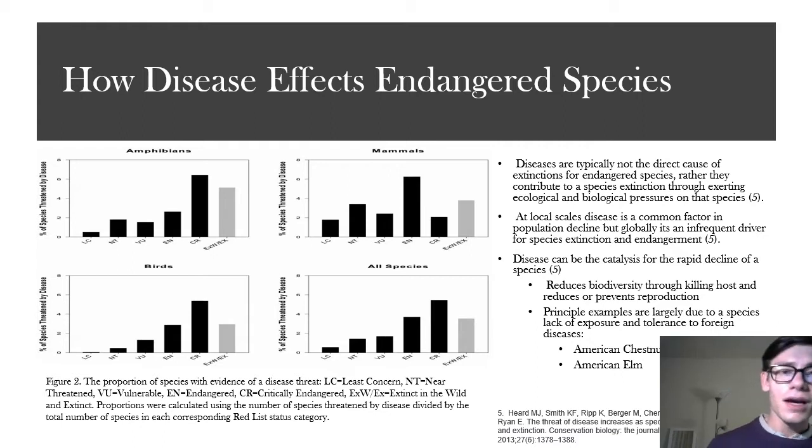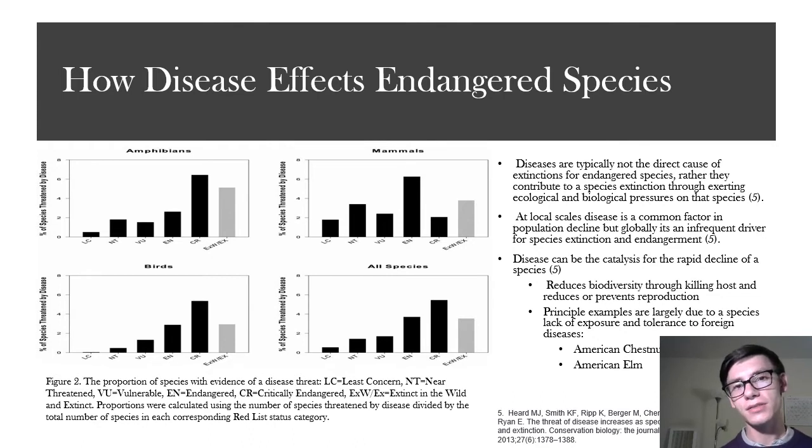So, how does disease directly affect a population of an endangered species? Well, it's pretty simple. It directly affects the biodiversity of that endangered species, which is crucial because these populations are already pretty small, so any additional factors or pressures on them will lead them down the road to extinction.